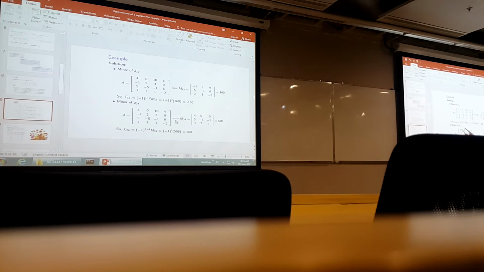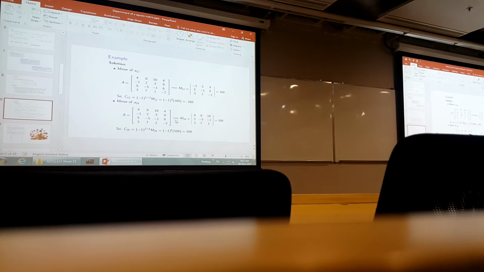Similar for this one, second row, fourth column. So positive, negative, positive, negative, positive. The calculated result of this minor is 508, and it is positive 508, which is the cofactor of this position. Whenever it is positive, the cofactor is exactly the same as the minor.